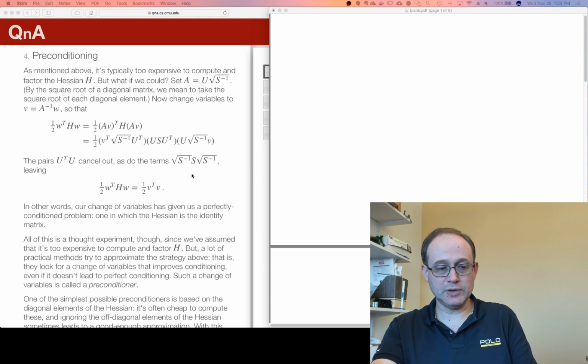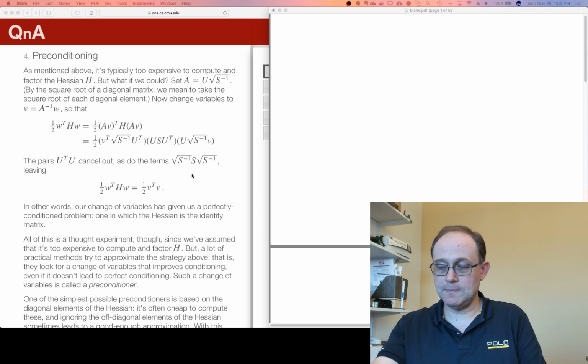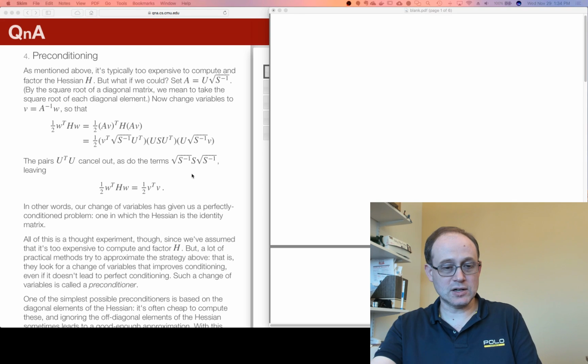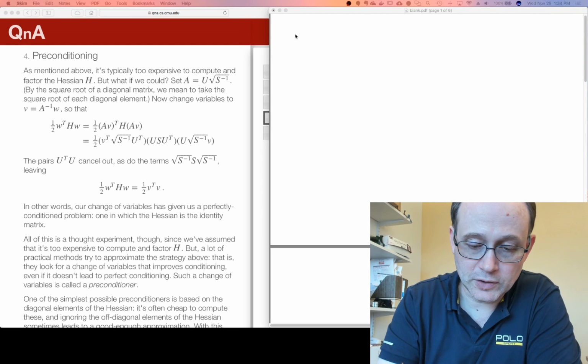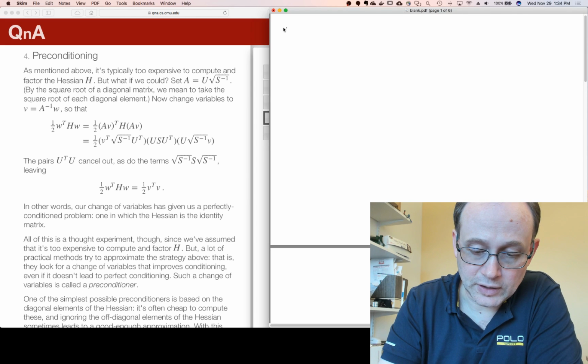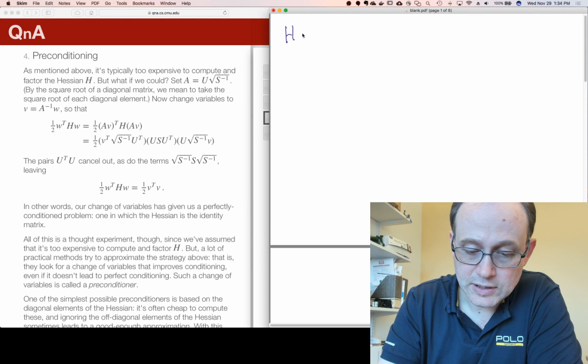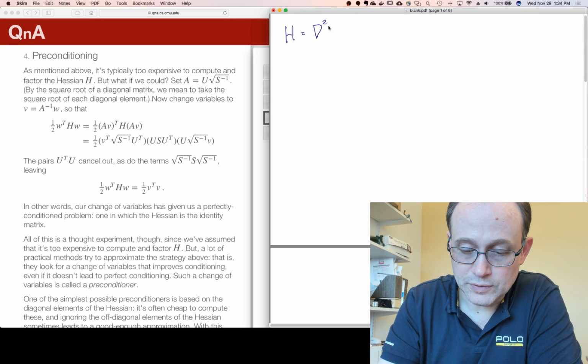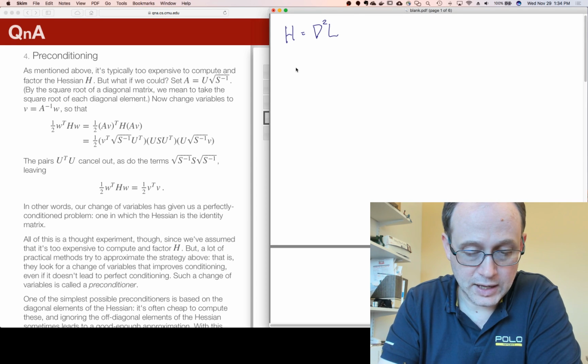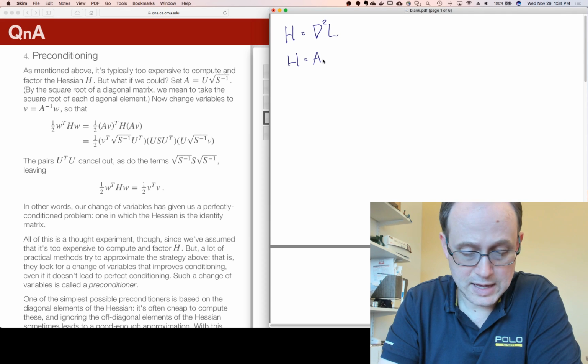If we have our original variable w, we factor our second derivative matrix. We have our matrix H, equal to the second derivative of our loss, and we factor H equal to A times A transpose.